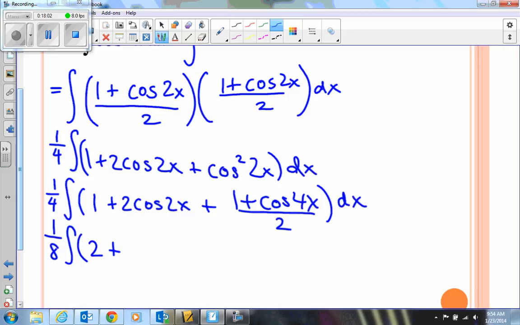If I pulled out a 1/2 here, then I have a 4. And 2 plus 1 just becomes 3. Now it's 3 little basic integration rules, techniques.